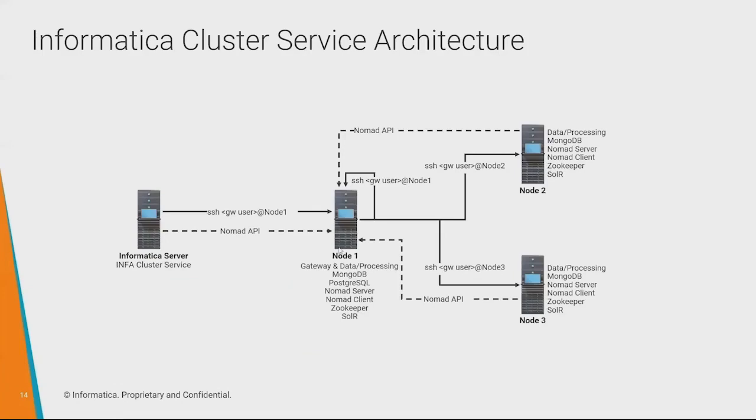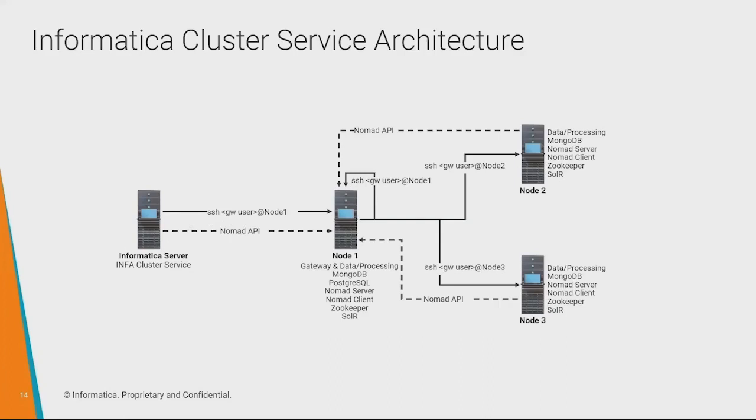And the gateway node is the node which basically interacts with the Informatica server to deploy the binaries and create the Nomad cluster, right? And that goes through SSH with the gateway user, logging into node 1. And the rest of them all are through the Nomad APIs for any scanner job execution.